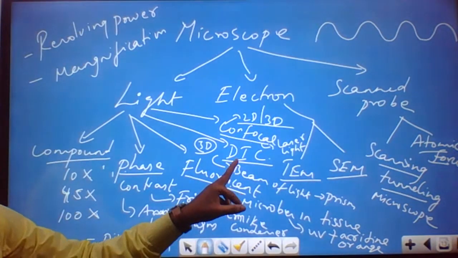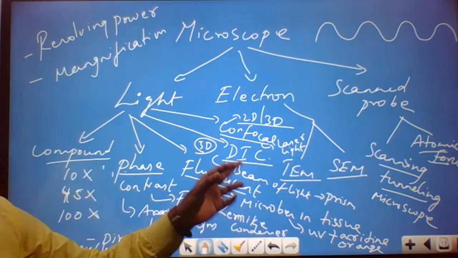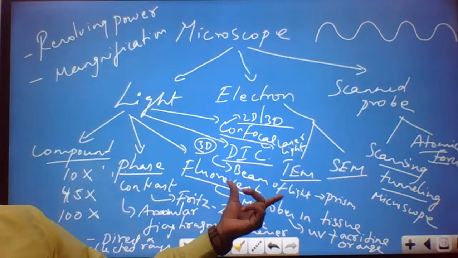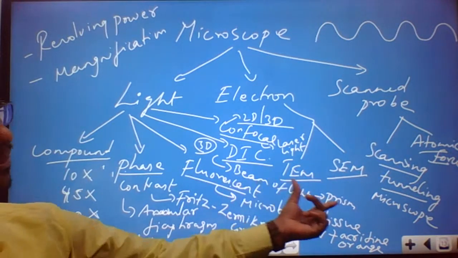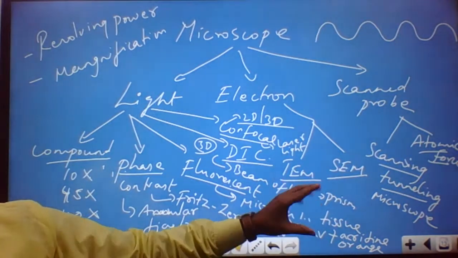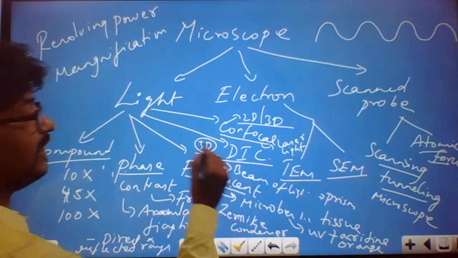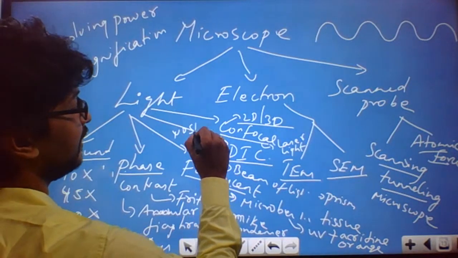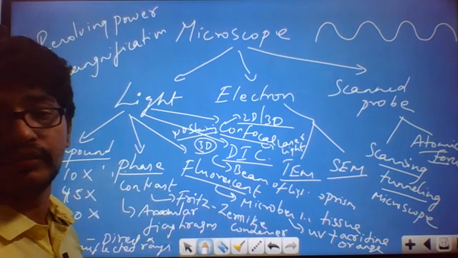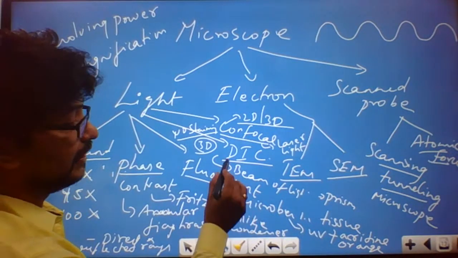So coming to DIC, the principle is that you are using a beam of light which is passed through the prism. Here no staining is required. And one more thing, in DIC you need not prefer any staining. You can see live, so there is no need for staining. Do not worry about staining in the case of differential interference contrast.